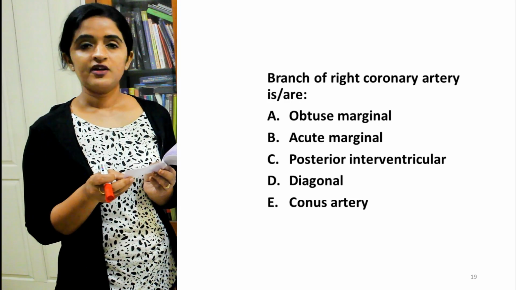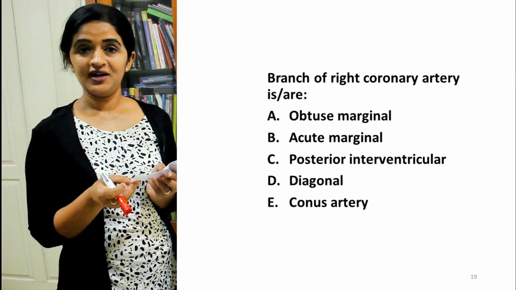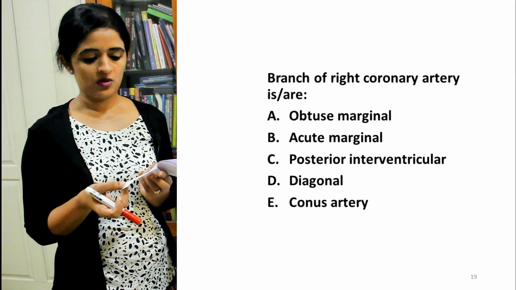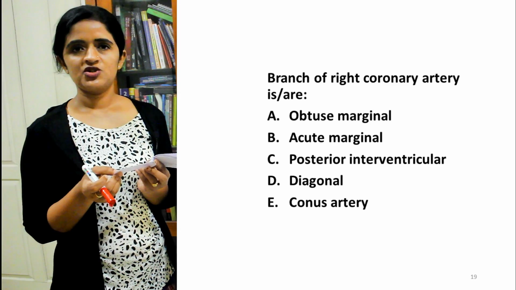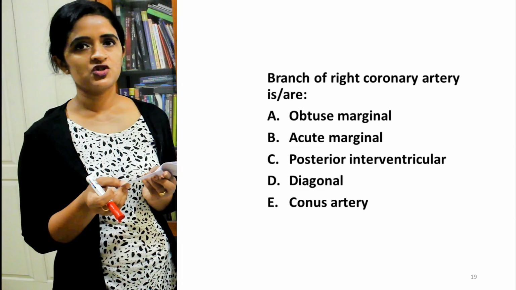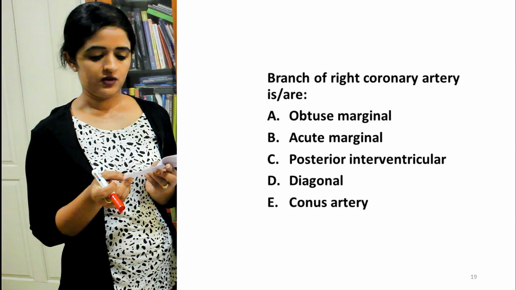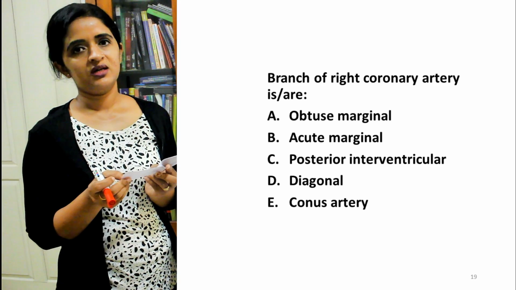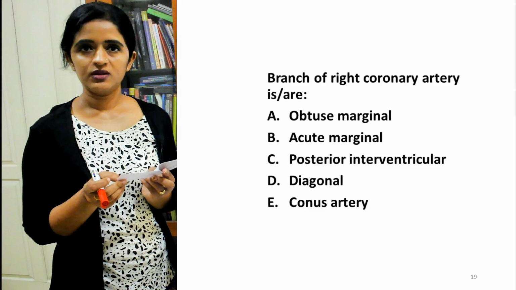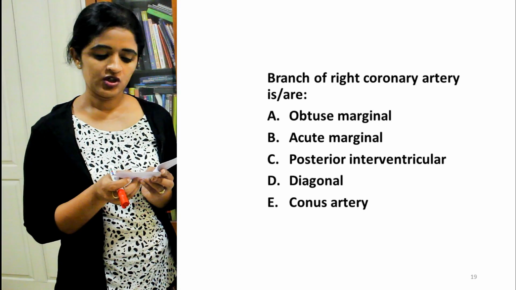Next question, branch of right coronary artery is or are. Is or are means you might get more than one option. Obtuse marginal is a branch of, what is it a branch of? Obtuse marginal is a branch of circumflex. So it is not a branch of right coronary. Acute marginal, yes. So right marginal artery is otherwise known as acute marginal, which is a branch of right coronary. Posterior interventricular, yes.